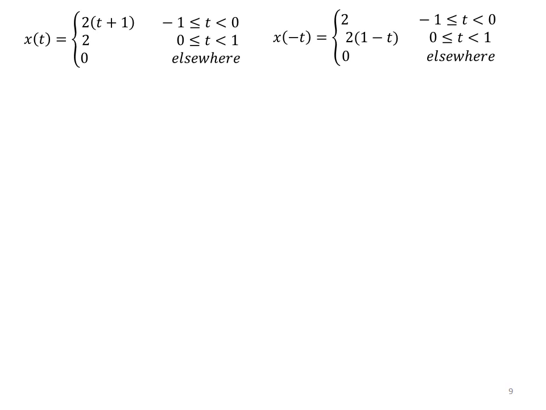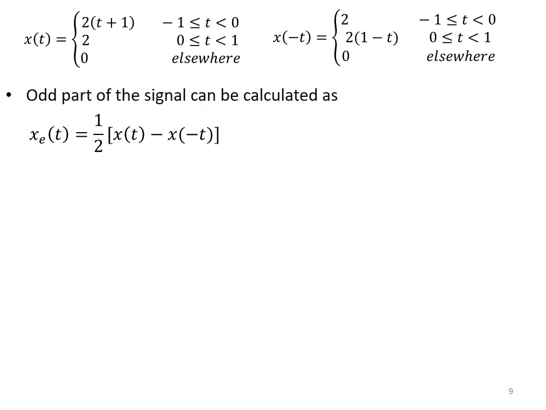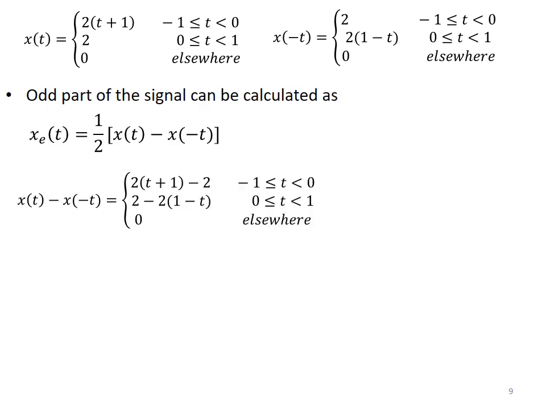In order to find out the odd part, you have to find out the difference of x of t and x of minus t. So the difference of x of t and x of minus t can be determined similarly, just like we found the sum in the last slide. You have to be careful about the time intervals. You have to find the difference of the parts which are in the same time interval.